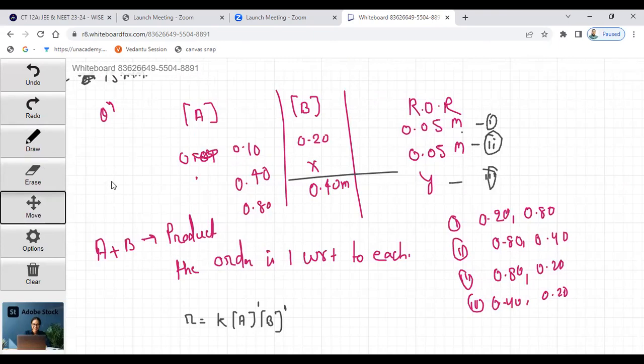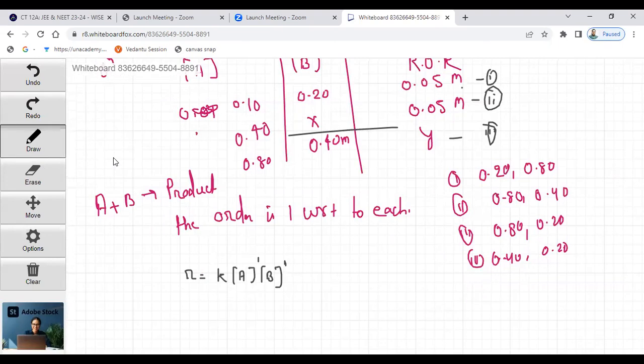If we divide the first and the second result, then for the first, 0.05 is the rate value, K value, A value will be written as 0.10 and B value will be 0.20.